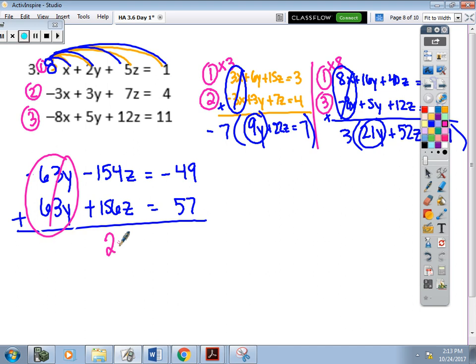So we'll get 2z equals 8. Should get z is 4.